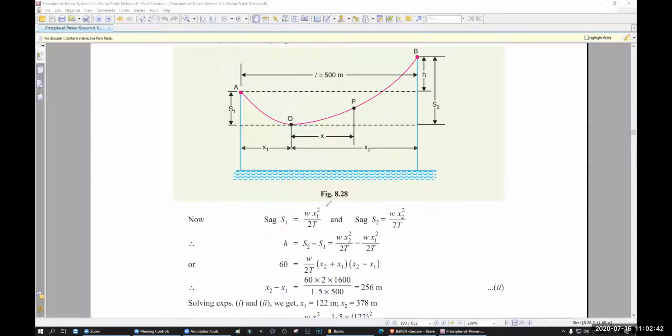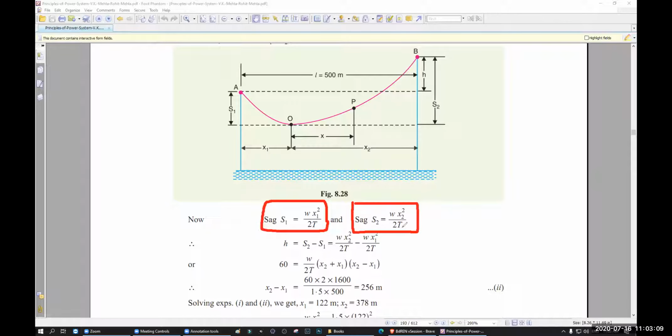Okay, from the sag formula, we know S1 is equal to Wx1 square divided by 2T. And sag 2, that means S2, is equal to Wx2 square divided by 2T.